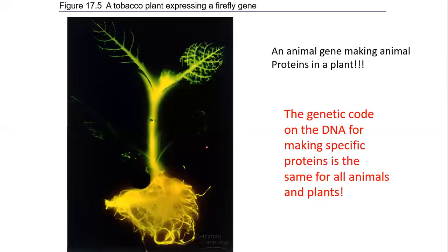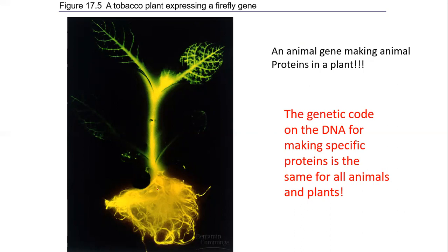Now, this is an amazing picture of a tobacco plant. That tobacco plant is actually glowing using the proteins that a firefly makes in order to glow at night when you see fireflies flying around outside in the dark. What they did is they inserted genes into the DNA of the tobacco plant, genes they took from the firefly.